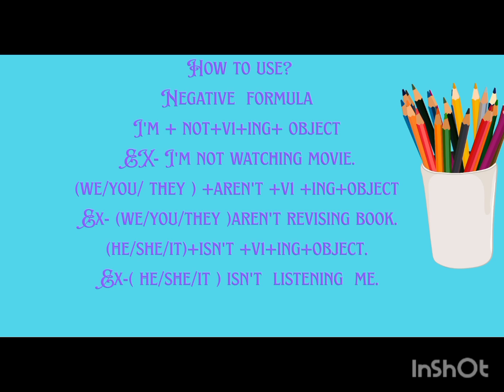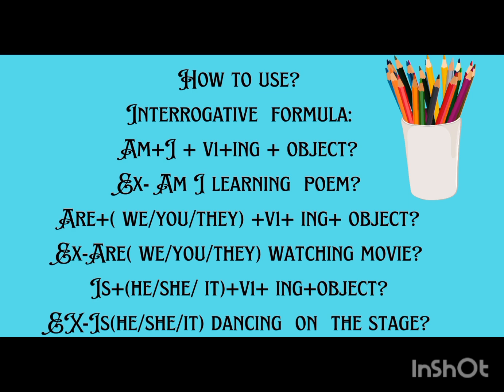We use formula in interrogative sentence. For example, am plus I plus first form of verb plus ing plus object question mark. For example, am I learning poem? Are plus we, you, they plus first form of verb plus ing object. For example, are we, you, they watching movie? You can choose any one subject from this.